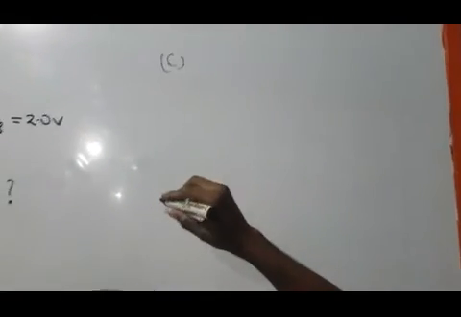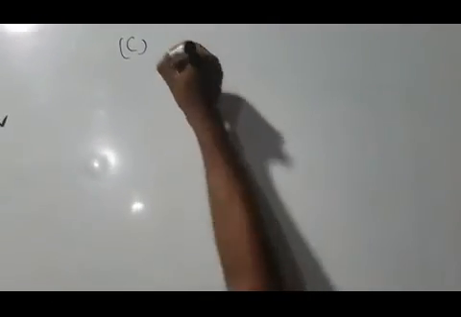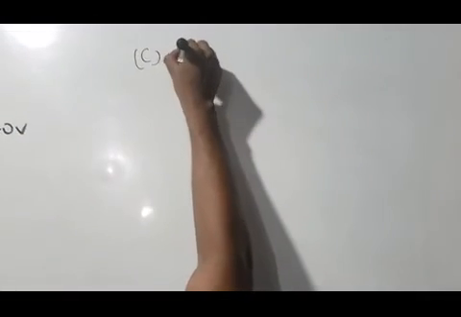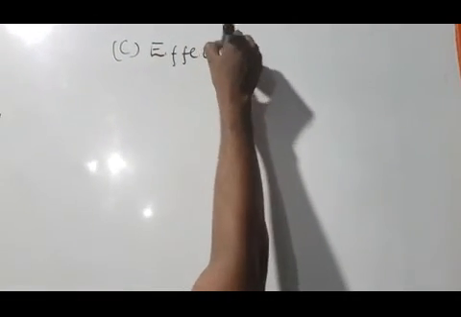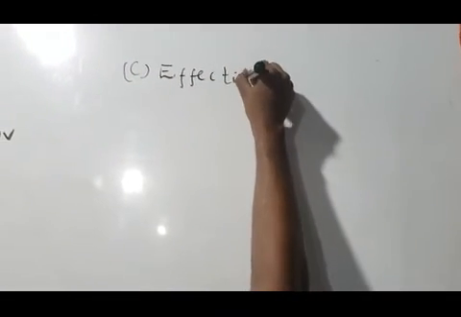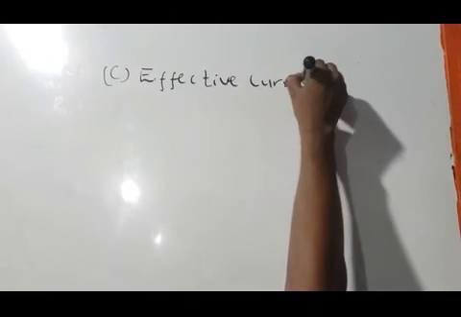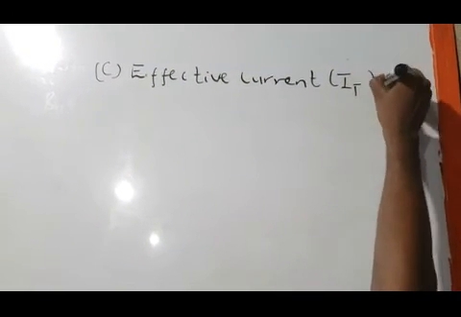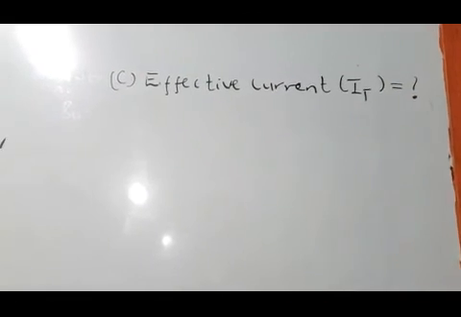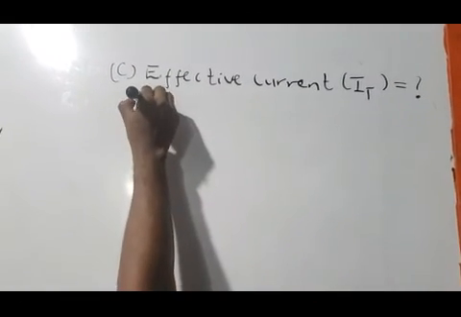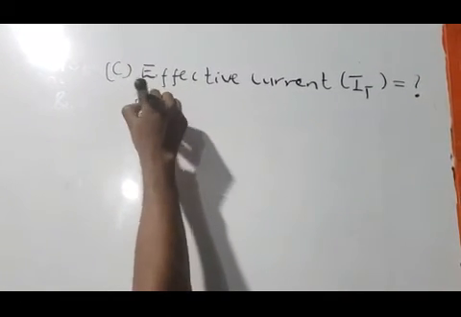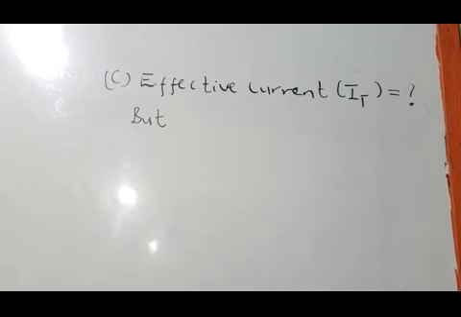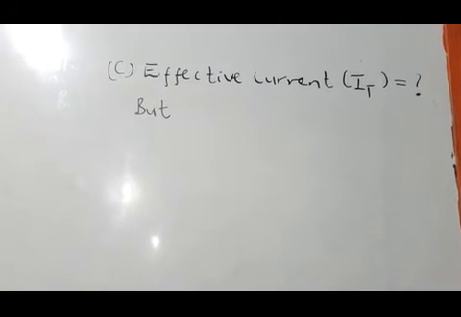Question C is asking for the effective current. The effective current is the total current. As I said, for you to find the effective current, you always make use of Ohm's law.